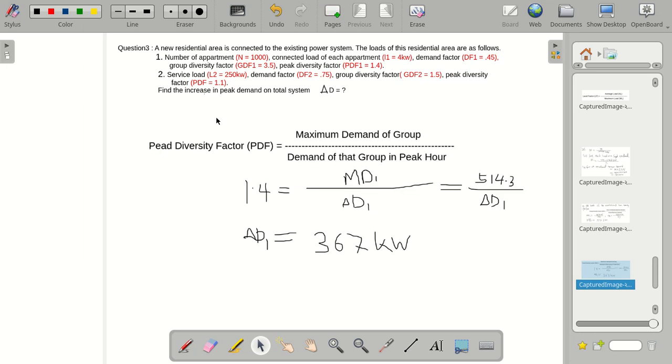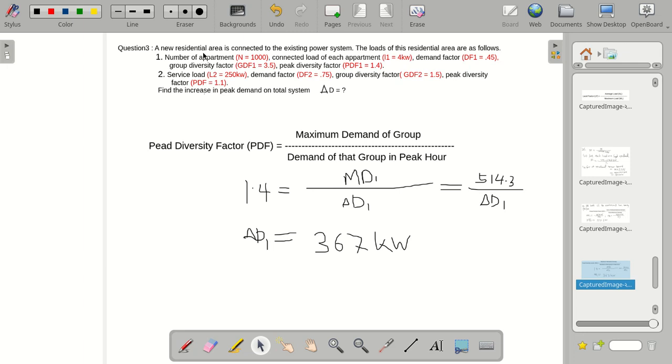To find out the increase in peak demand for this system, for these apartments, we use this formula. Peak diversity factor is given as 1.4, and this is equal to the maximum demand of the group divided by the demand of that group in peak hour. The demand of that group in peak hour is delta D1, because it is calculated for this type of load.